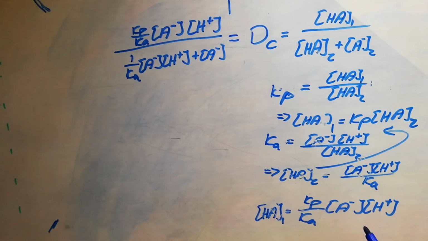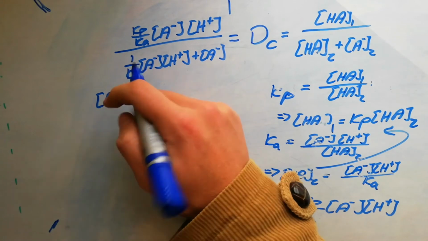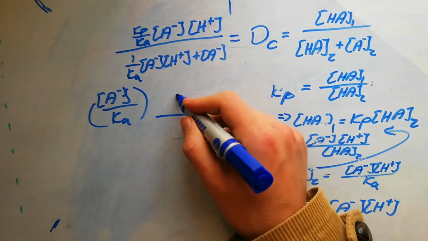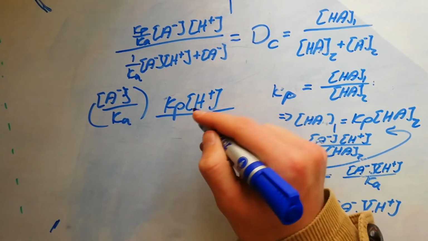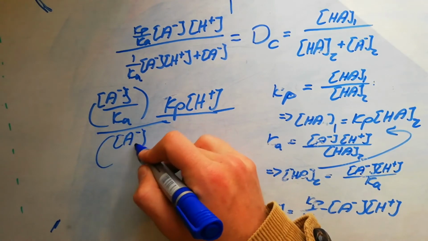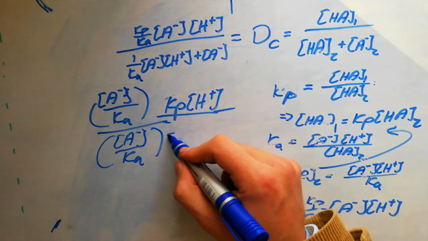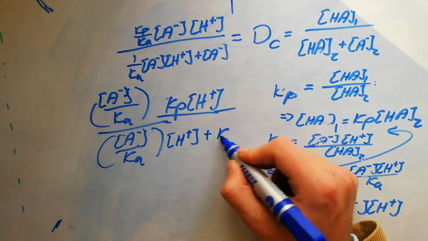Now we take out common terms on both sides. Both sides have an A minus concentration over Ka, leaving us with Kp and the hydrogen concentration, which will become important now. This is all divided by the same concentration over Ka. And in this case, it becomes the hydrogen plus Ka.